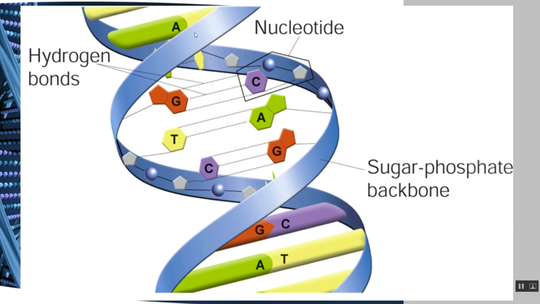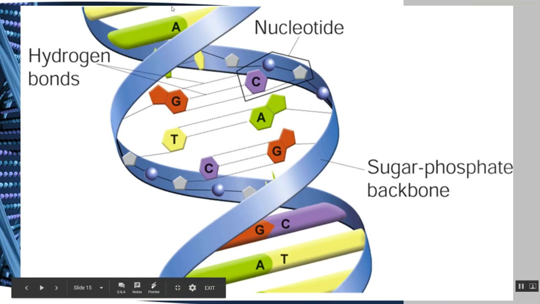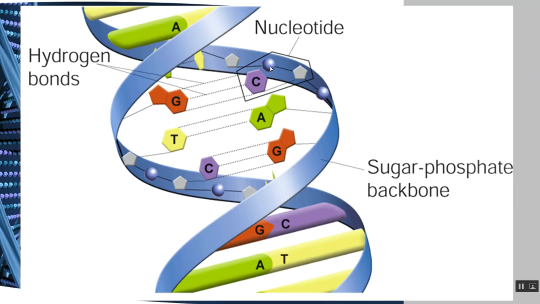So a little bit of a recap. This whole DNA molecule, deoxyribonucleic acid, is called a nucleic acid. It is made of nucleotides. A nucleotide is made up of one phosphate, one sugar, and one nitrogen base. So when you put those together, this is one strand.